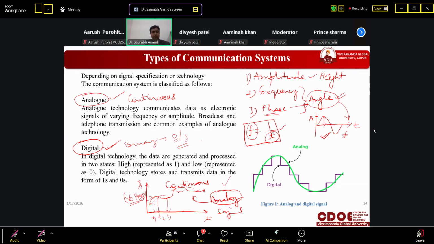right? So how do we show that? So 0 is at, suppose this is x-axis, this is time. So this will show 0 level and it will show level 1. Okay. So there may be continuous one. So this is time t1, this is time t2, this is t3 like this.